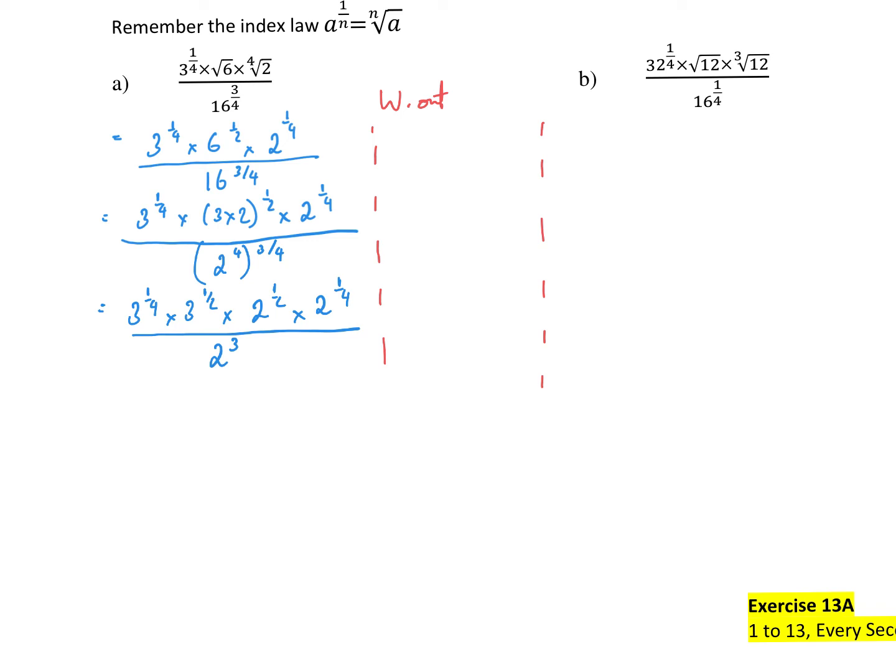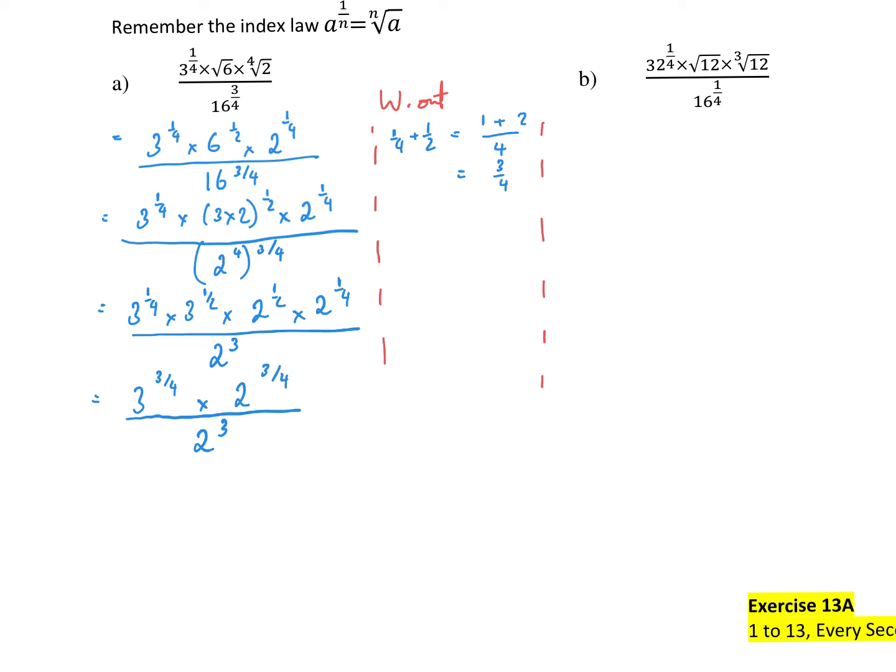Alright, so because we're multiplying, we're going to add the powers. So we've got 1/4 plus 1/2. Hopefully we all know that common denominator of 4 there. So 1 plus 2 is 3/4. So we've got 3 to the power of 3/4 and times 2 to the power of 3/4 divided by 2 to the power of 3.